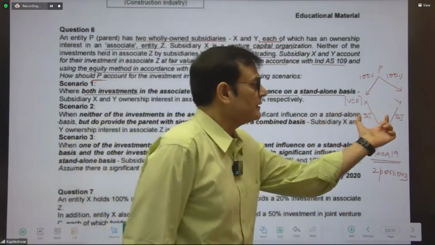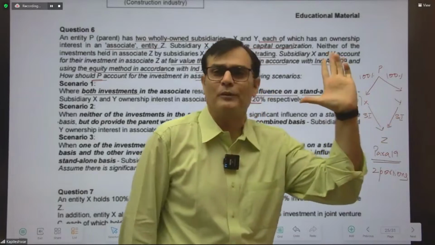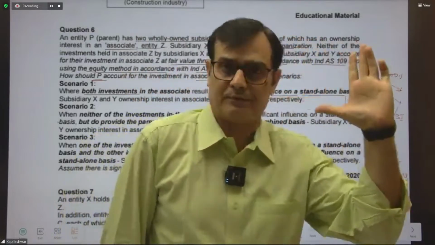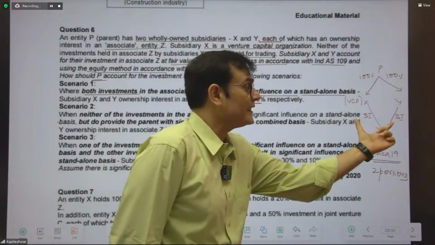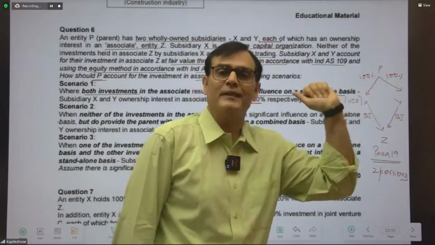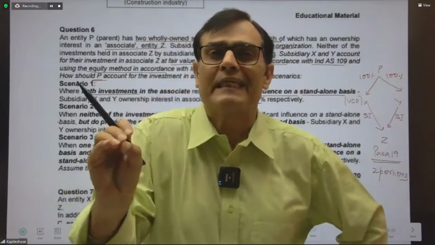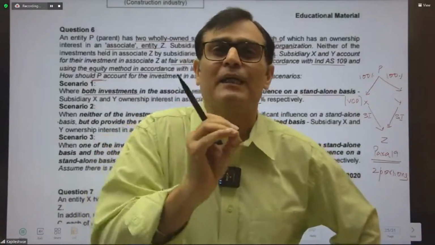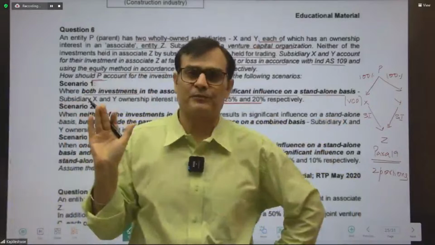What is important is that the sum total of X in Z and Y in Z should be 20 or more. I repeat. What is important is the sum total of X in Z and Y in Z is 20% or more. The individual breakup is 20 plus 10, 10 plus 20, 10 plus 10, 20 plus 20, doesn't make any difference.